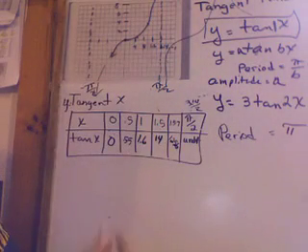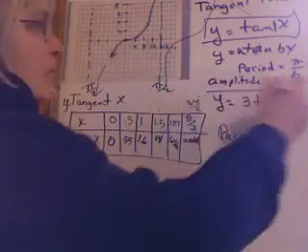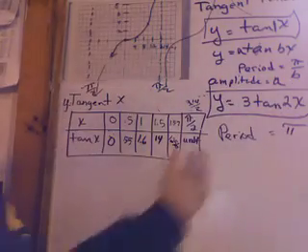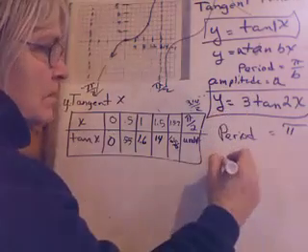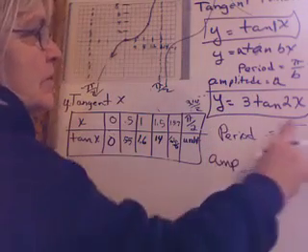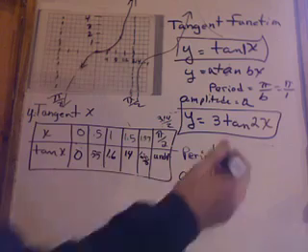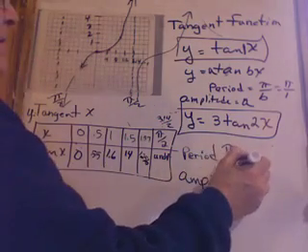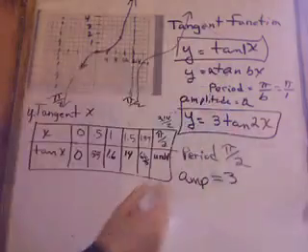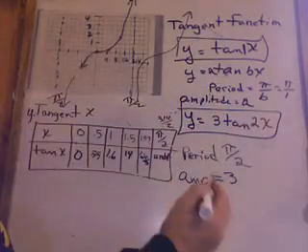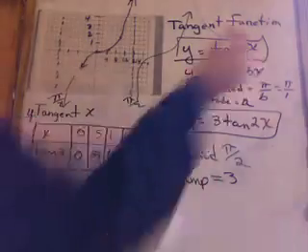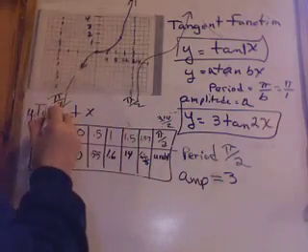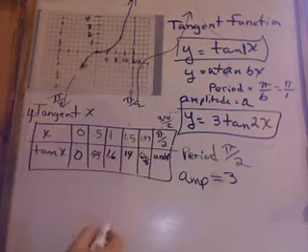Now, how does that differ from y = 3 tan 2x? Well, in this one, the amplitude is 3 and the period is pi over 2 this time. So how does this curve differ from that one? The complete tan curve in this picture ended in the span of pi, from negative pi over 2 to pi over 2.